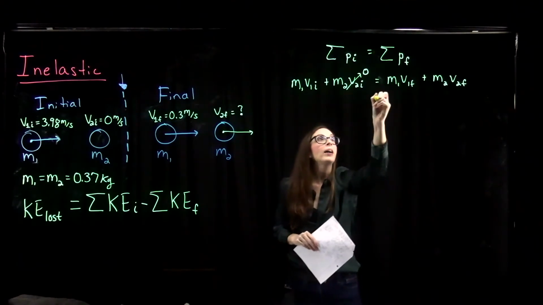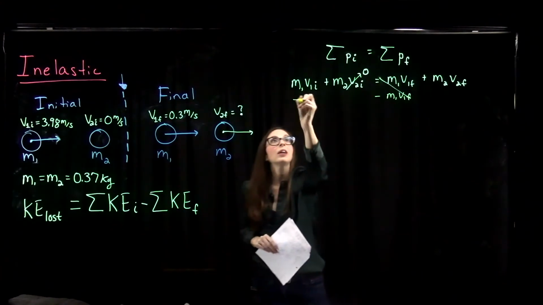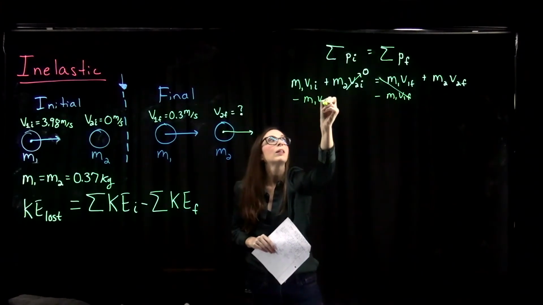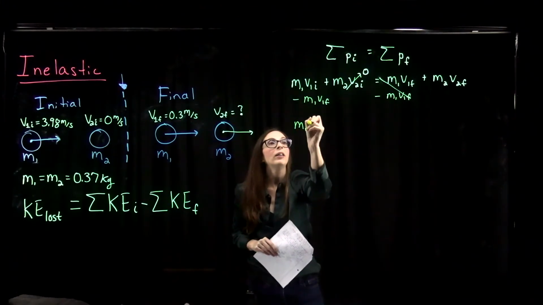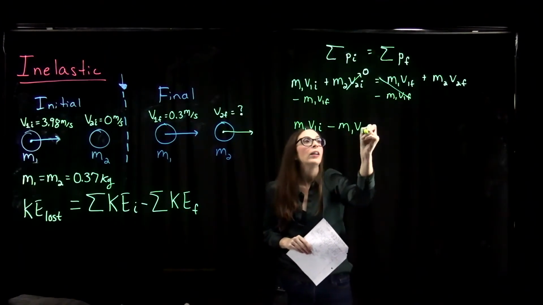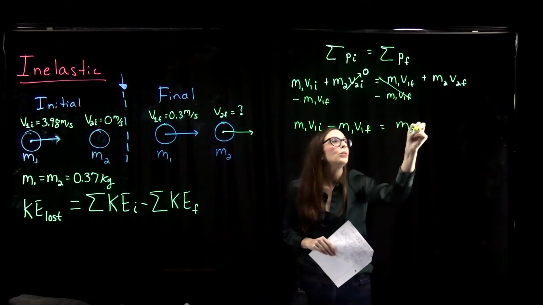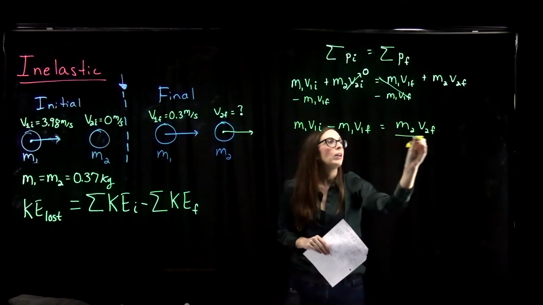So I can subtract M1 V1 final from both sides. And so then I have that M1 V1 initial minus M1 V1 final equals M2 V2 final. Now I can divide both sides by M2.